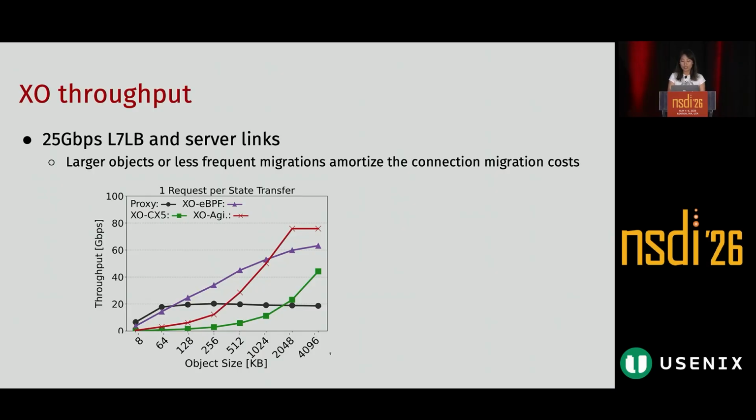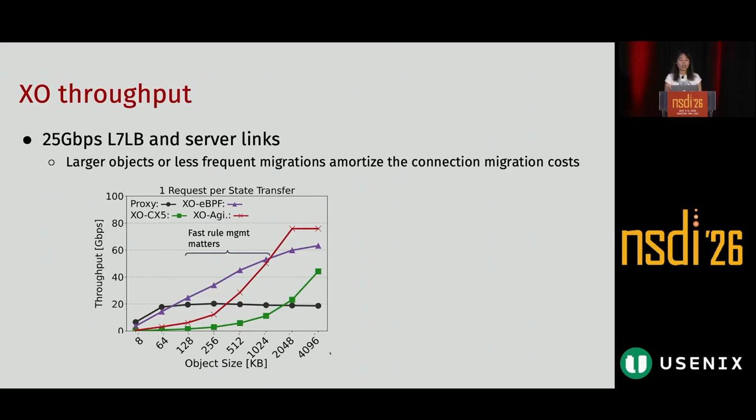XO CX5 is with the hybrid packet redirection with the NVIDIA ConnectX-5 NIC. And XO AGI uses the Netronome Agilio NIC.